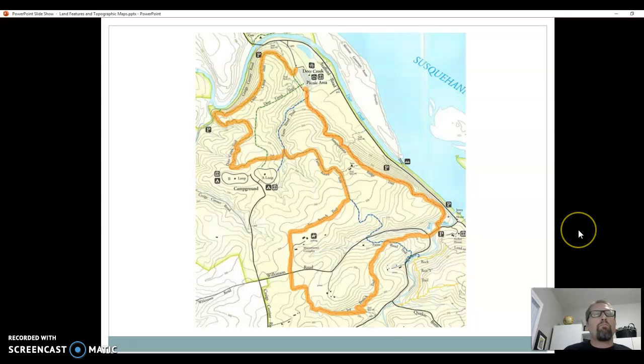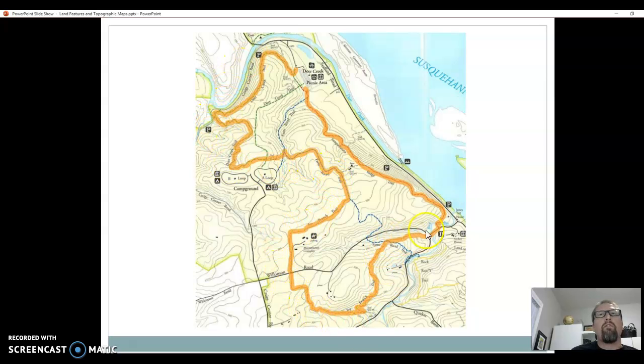All right. So in terms of what I would like you to know, I'd like you to be able to read a topographic map. This is a mountain bike race that I used to do back in the day. They don't have this race anymore up at Susquehanna State Park. The outline of the race is in orange. In this particular race, the direction was counterclockwise.